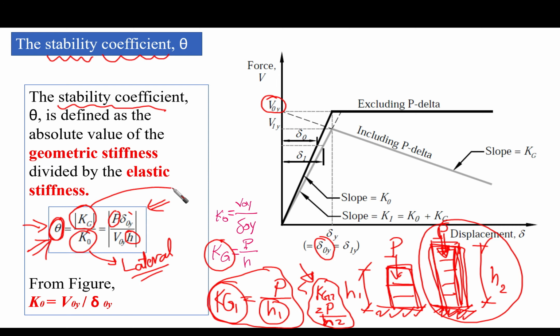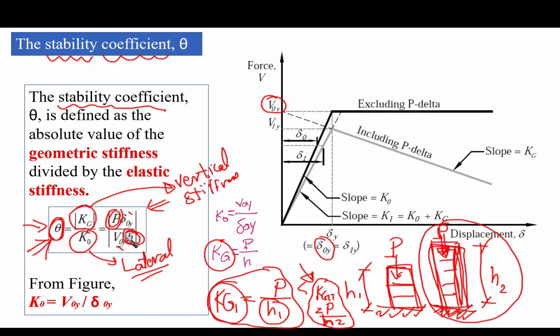However, Kg is vertical, if you want to say vertical stiffness. As we said, it is related to P over H, the gravity ratio to the height. However, K node is totally different. It's the lateral base shear over the lateral displacement.